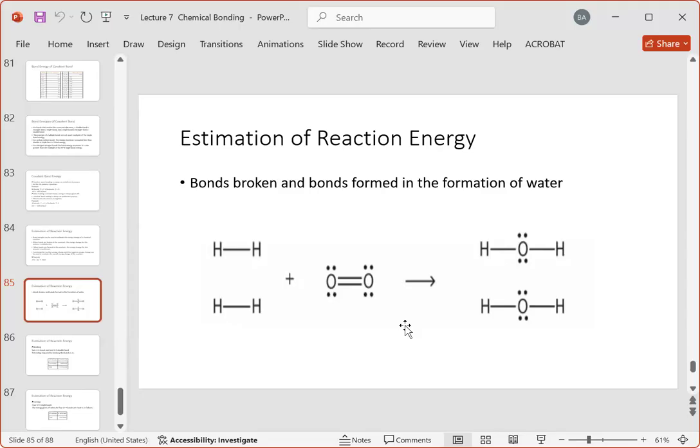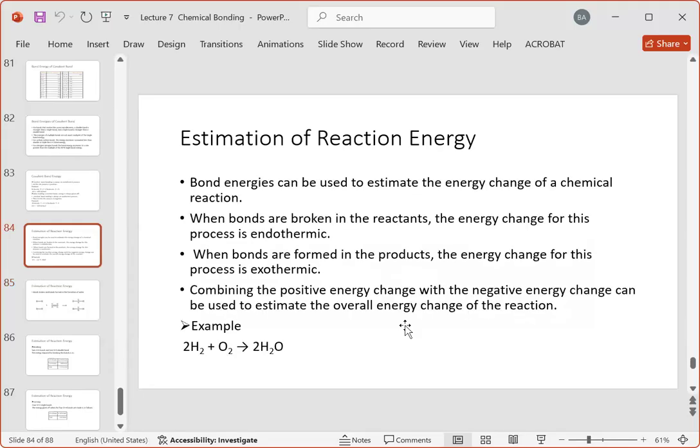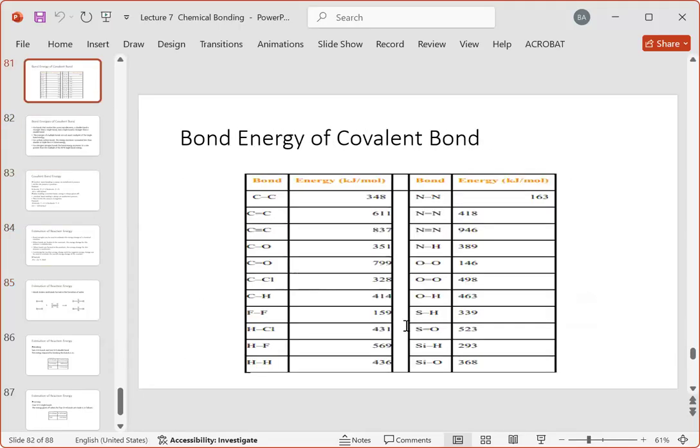So then you go and use the double bond value. Come over here and say that okay, oxygen has a double bond, so that's the one I'm going to be using. It's 498 instead of 146, because the single bond is 146. If you don't understand the Lewis electron diagram and also that double bond and single bond have different bond energies, then you are going to be in trouble.